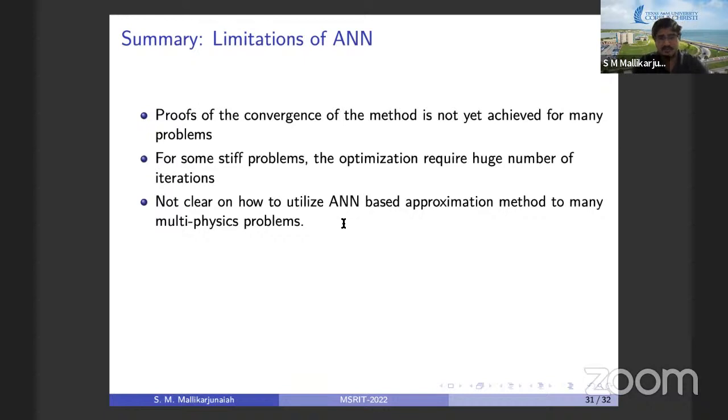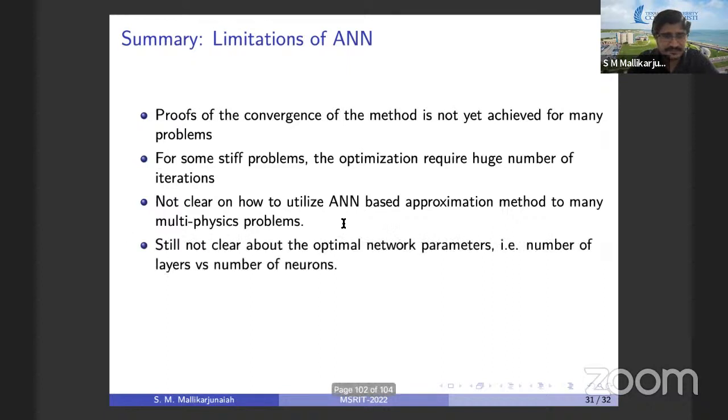For example, if I want to study a heat transfer problem, I want to compute velocity, pressure, and temperature. There it's not that clear. So it's still at the baby level.